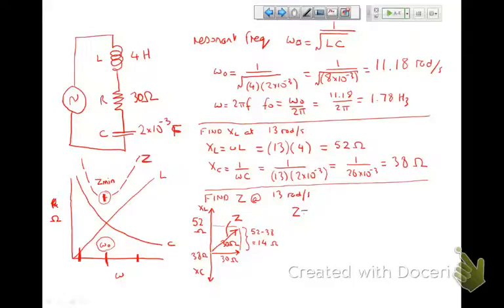is equal to the square root, square of the hypotenuse, R squared plus XL minus XC squared.